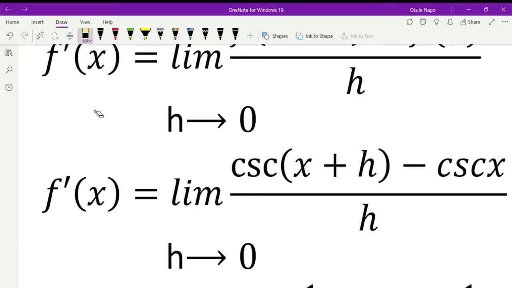So back on the formula, you substitute what you are given. You substitute your cosec of x plus h, minus cosec of x.